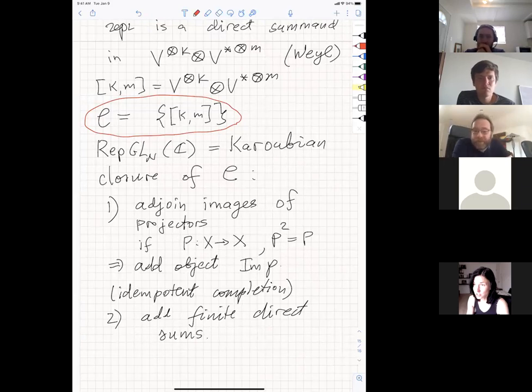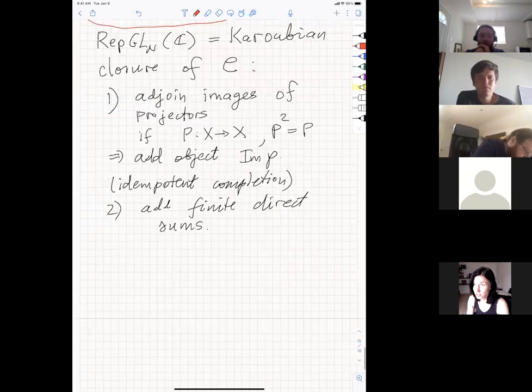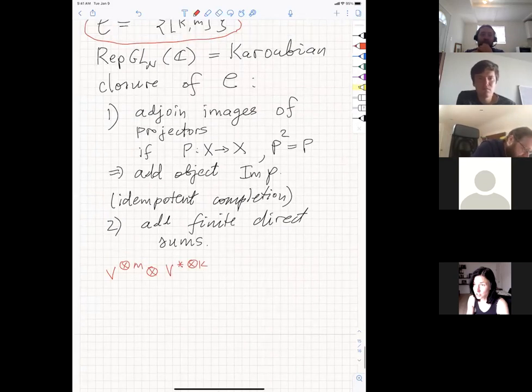So any questions? How do the projectors act? Well, suppose we have this V to the k times V star to the m. And suppose you have a direct summand, some W. So this means that this is really W plus a complement.